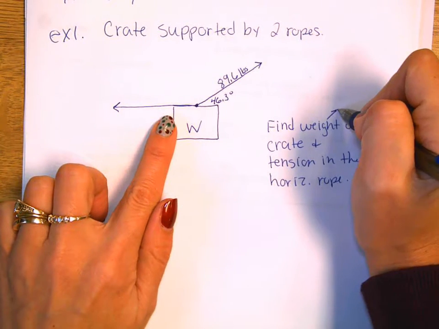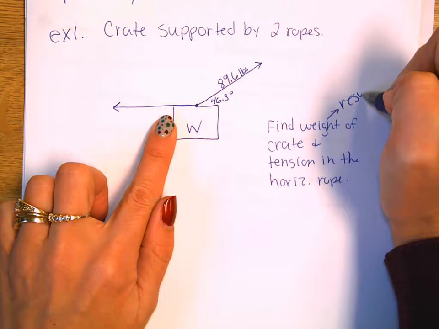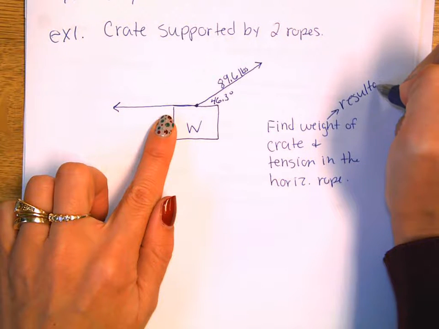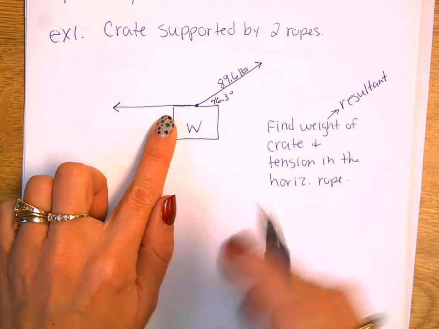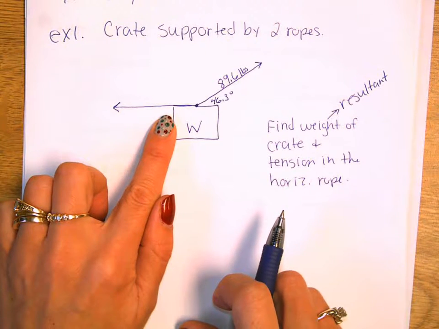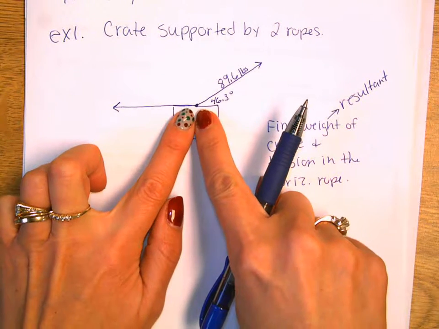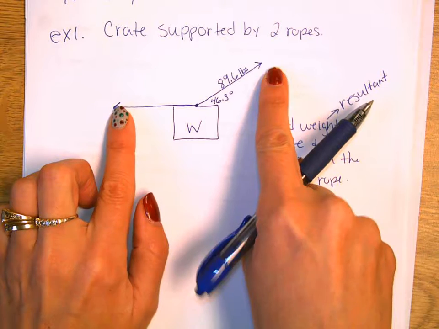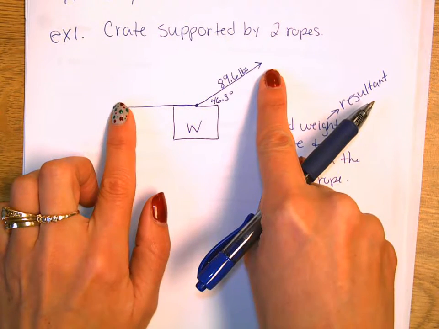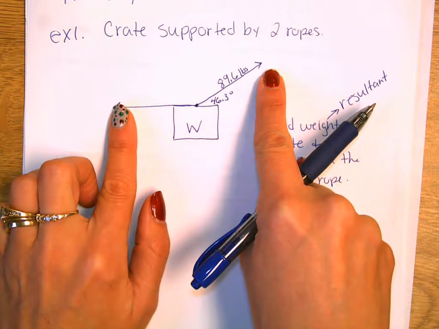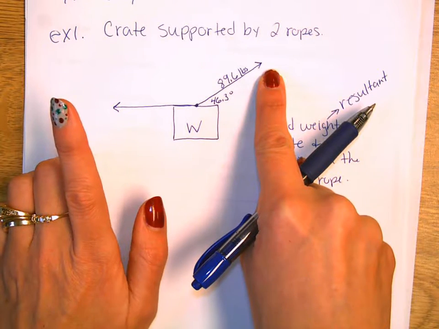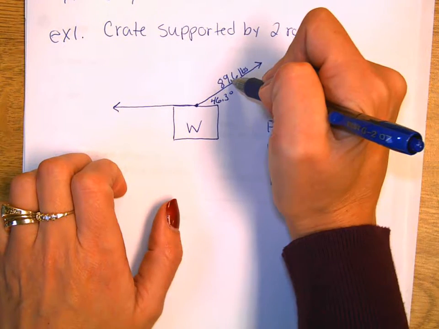So when it says find the weight, you are finding the resultant. And what do I have to do to find a resultant? If these 2 forces are representing vectors, and they're tail to tail right now, you have to slide them and put them head to tail. Okay, 89.6 pounds.